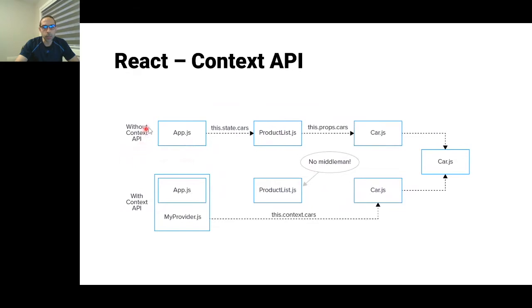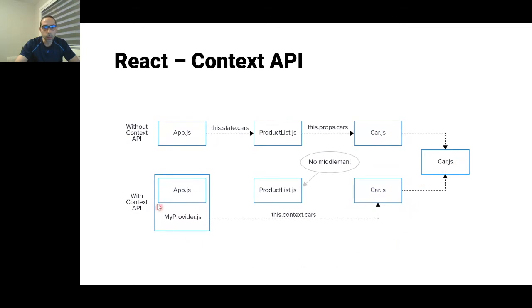So this diagram is showing a situation where you would like to communicate the state from the app high up in the component tree all the way to the cart component to display a product list on a website. So to get through the props, as I explained, you will have to go from one to the other and so on, all the way to the end of the tree where you would like to communicate the state.